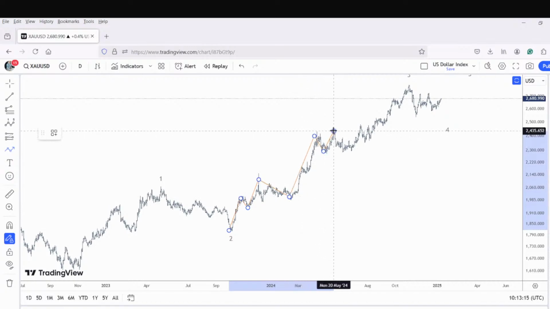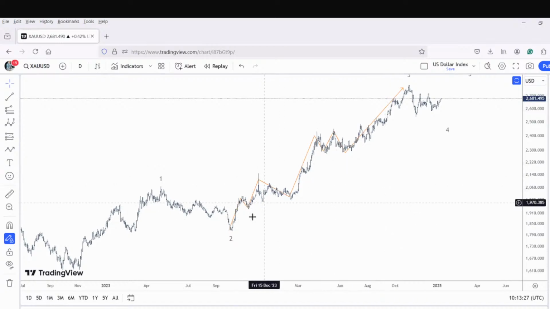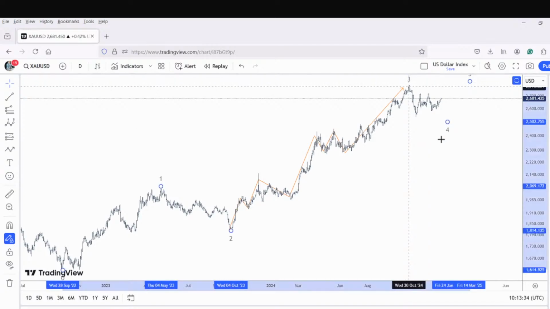The third wave extended, and then that is wave 3, 4, and 5. So that's how the third wave was extended, and 1, 2, 3, 4, and 5. So the overall third wave was an extension. This is a classic example of third wave extension.